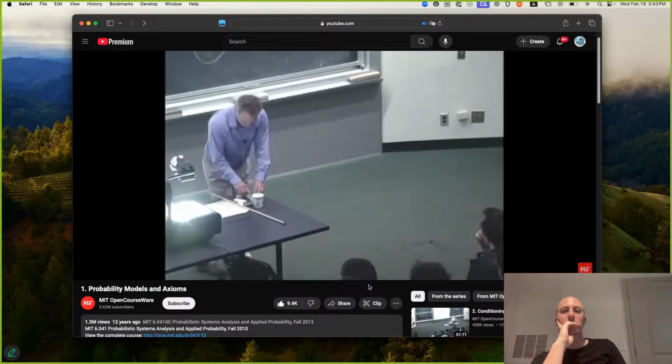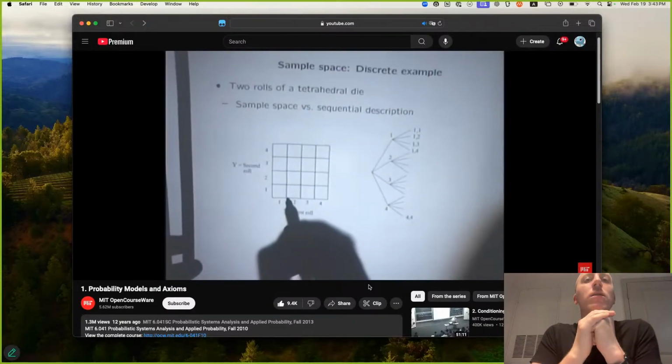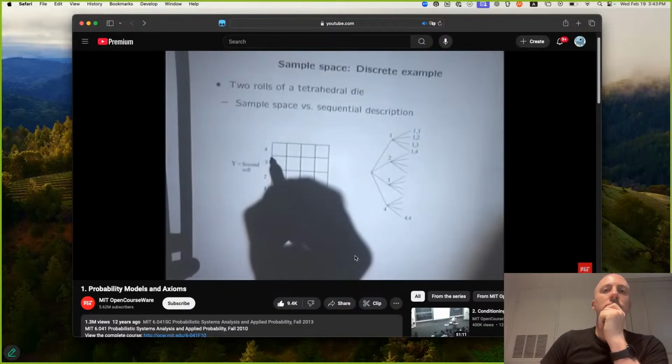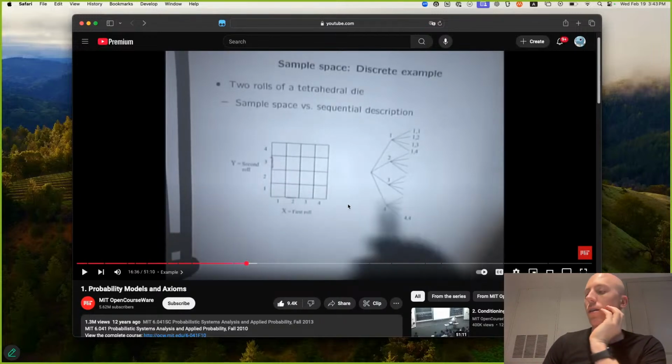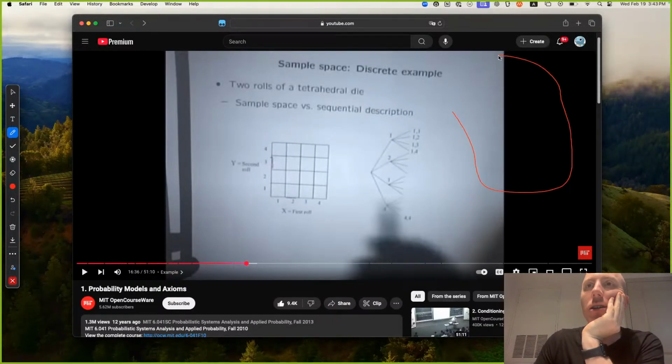One possible outcome is that your first roll resulted in 2, and the second roll resulted in 3. Yeah, it's kind of interesting. You could just draw your sample space like, okay, here are the outcomes. It's just like 1,2; 2,1; 3,2; 4,1.